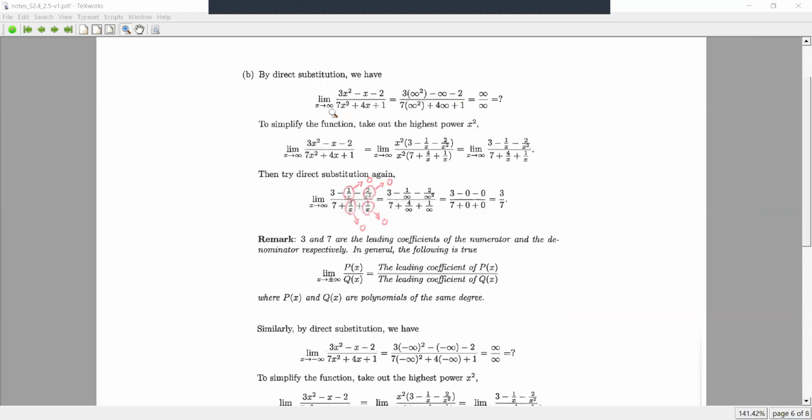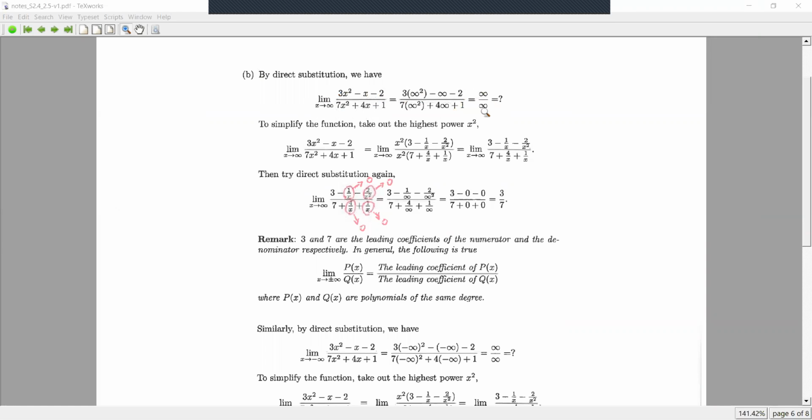From the table in part A, we saw that as x approaches positive infinity, the numerator approaches positive infinity, and the denominator approaches positive infinity. So this guy is infinity, and also this guy is infinity.